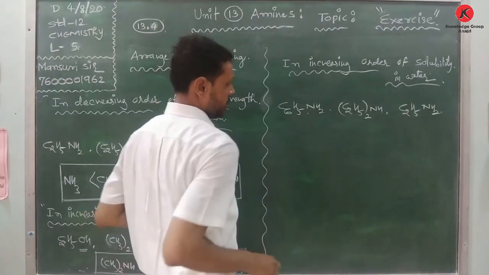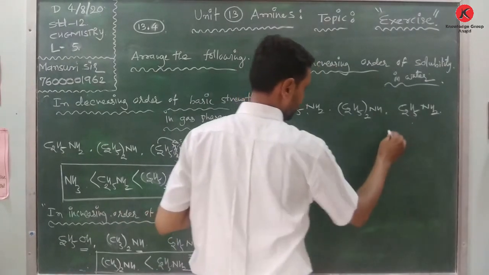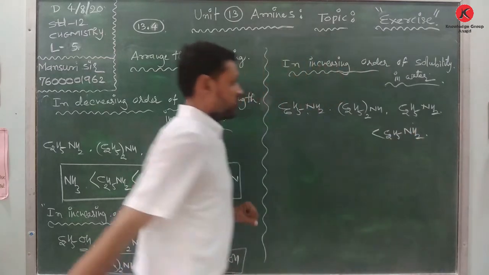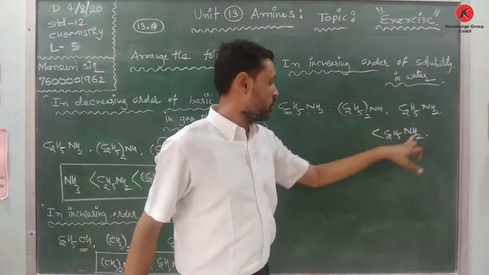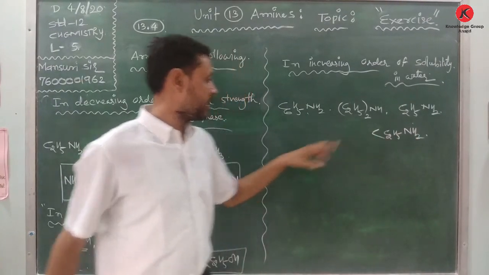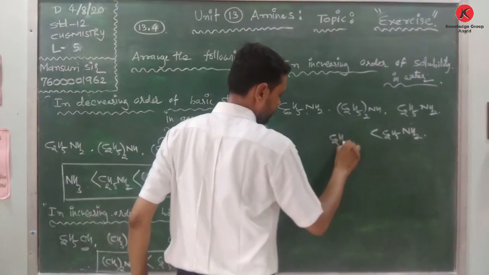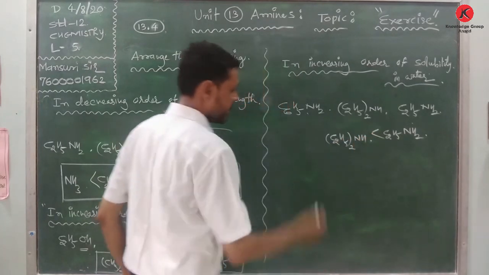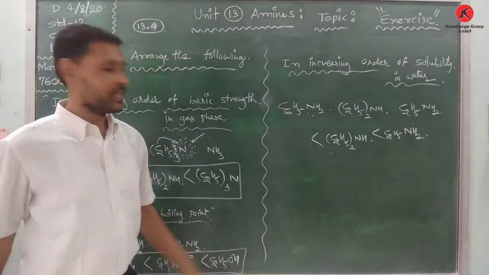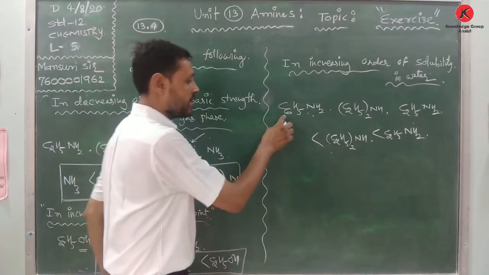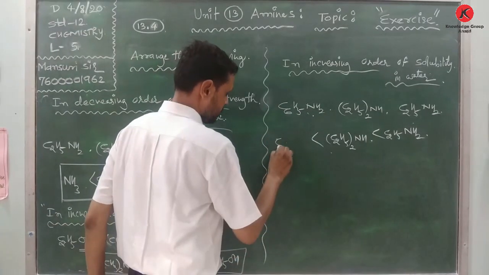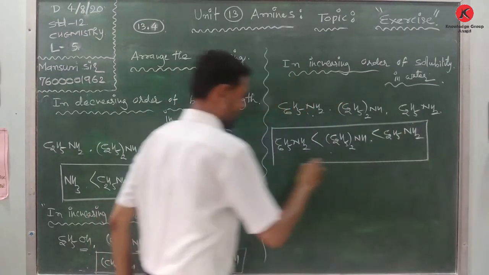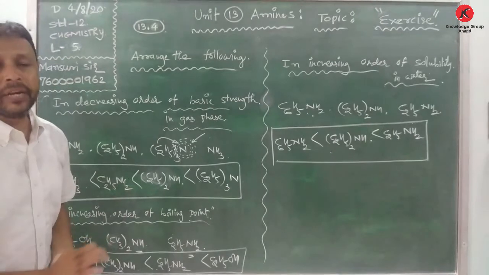So here methylamine, ethylamine, C2H5NH2, is more soluble in water than diethylamine, and that is more soluble than aniline because it has 6 carbons. So this is the order of solubility in water.